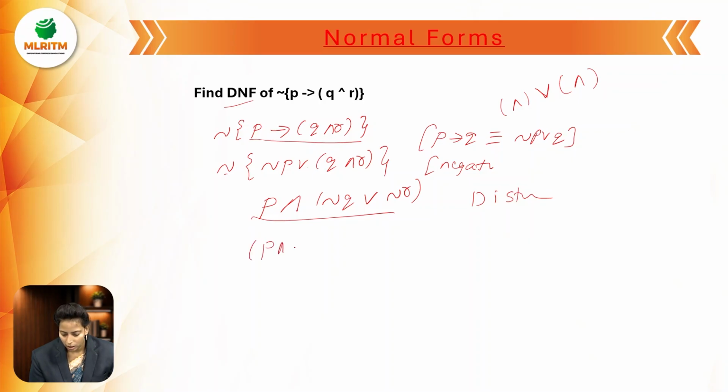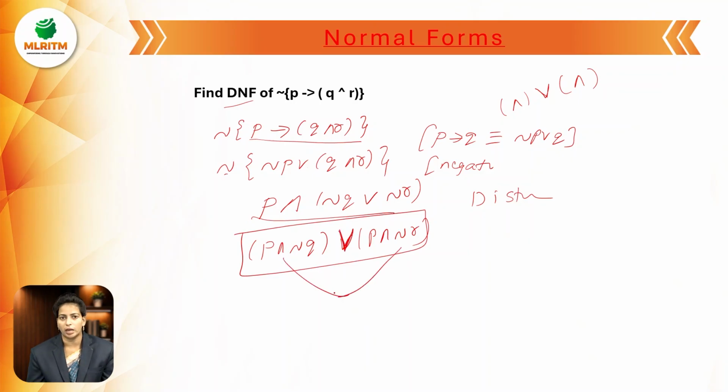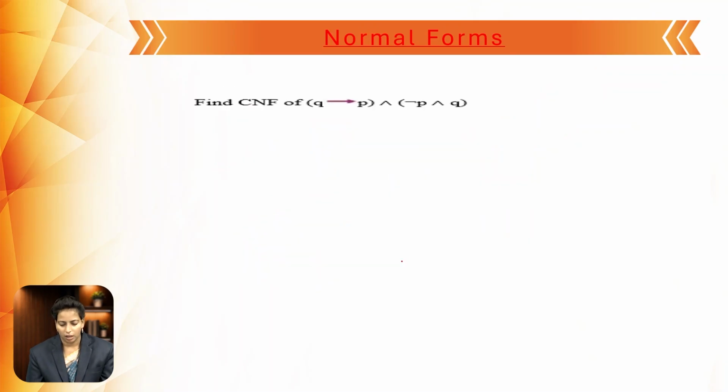P and negation Q, or P and negation R. Observe the result. Sum of elementary products is called DNF. Okay. What is the result? What is the solution of negation of P implies (Q and R)? P and negation Q, or P and negation R.